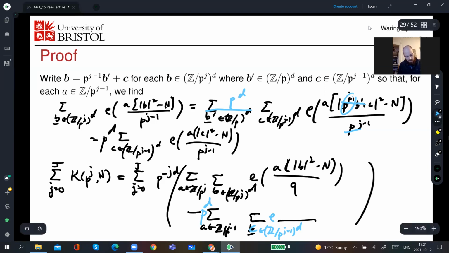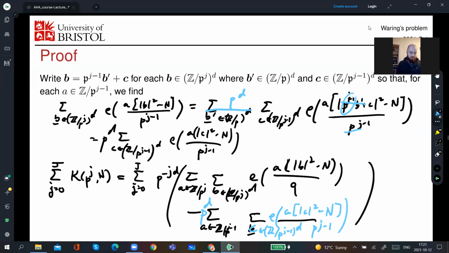And this would be e of a c squared minus n over p to the j minus 1. This sum telescopes. Okay, let me put in the p to the minus jd.